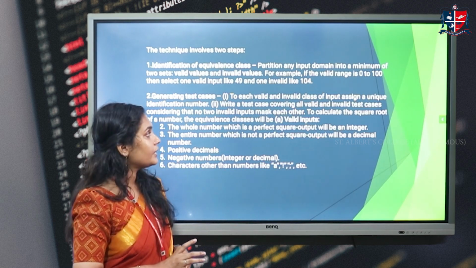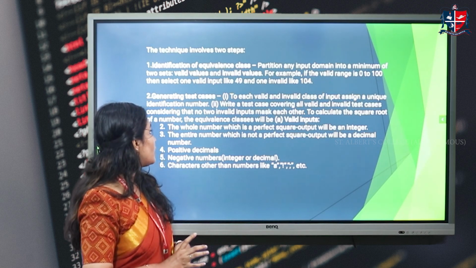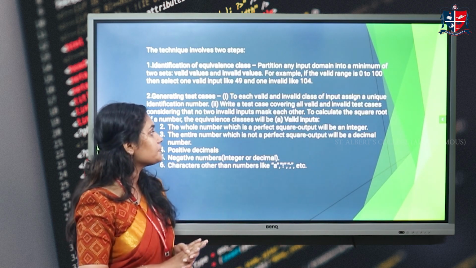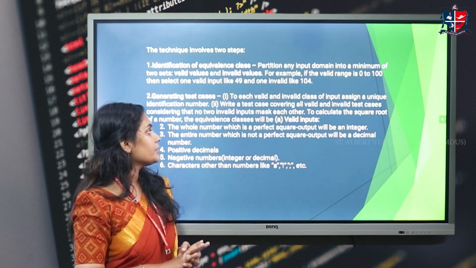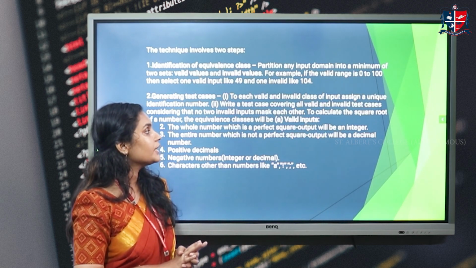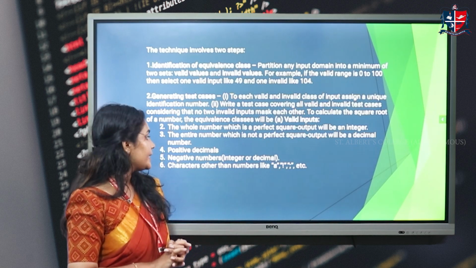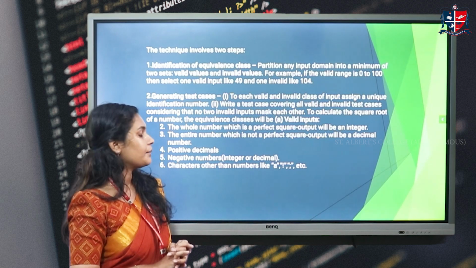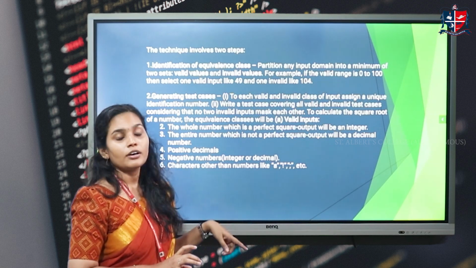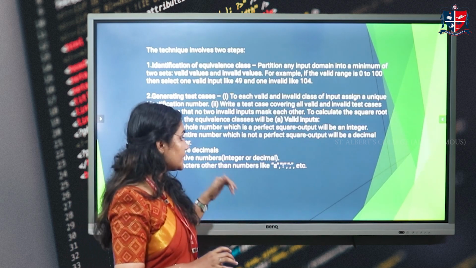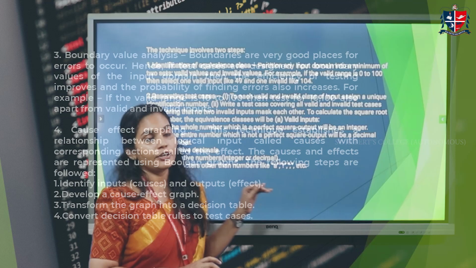For example, in the case of calculating the square root of a number, first check the whole number which is a perfect square, whose output will be an integer, and the whole number which is not a perfect square, whose output will be a decimal number, and positive decimal numbers, negative numbers, and characters other than numbers. So these are the conditions we check when calculating the square root of a particular number.